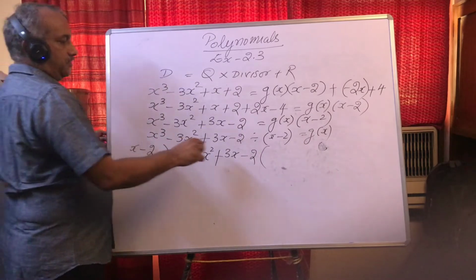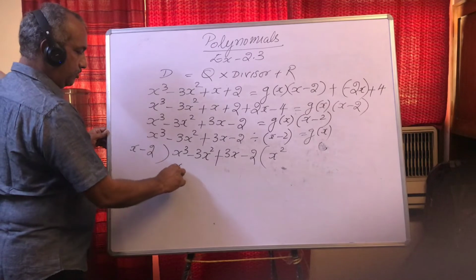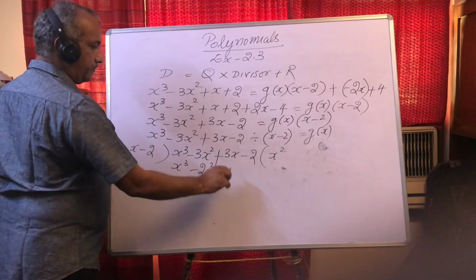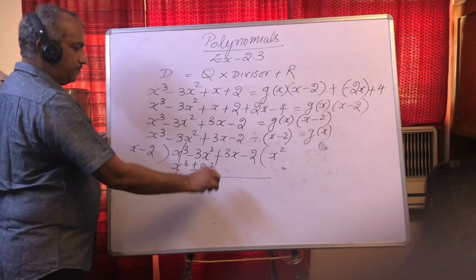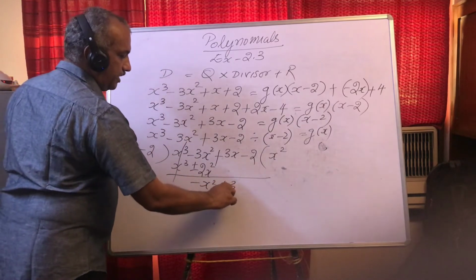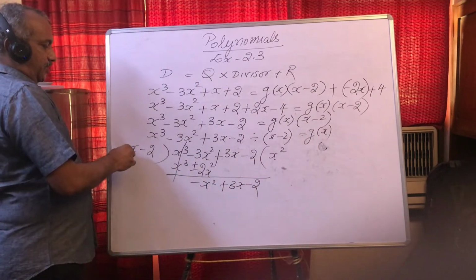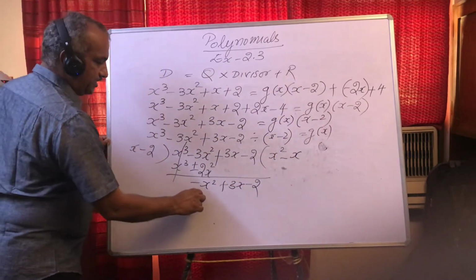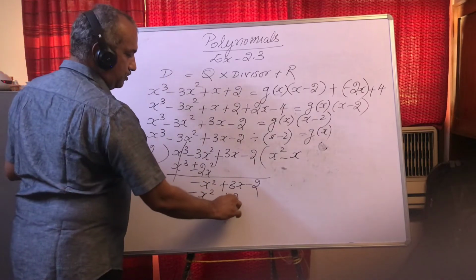x cube upon x, x square into x, so x cube, x square into minus 2, minus 2x square. So change the sign, this is cancelled, this will become plus, minus 3 plus 2, minus x square plus 3x minus 2. First division is over. Now minus x square upon x, minus x into x, minus x square, minus x into minus 2 plus 2x.